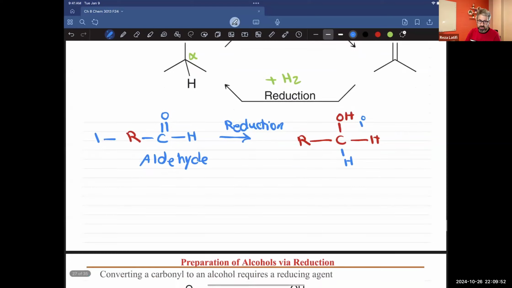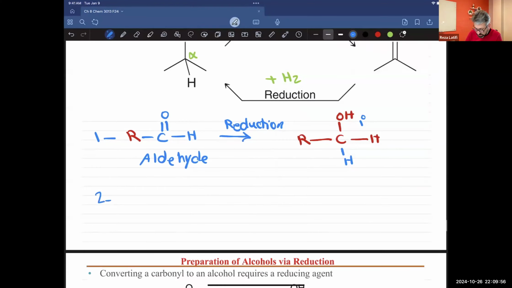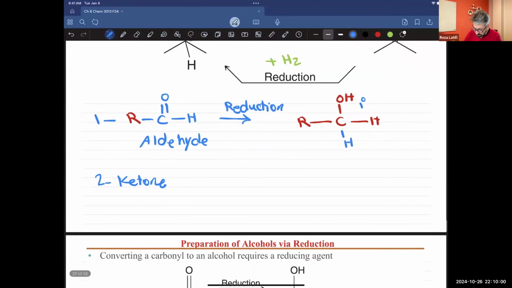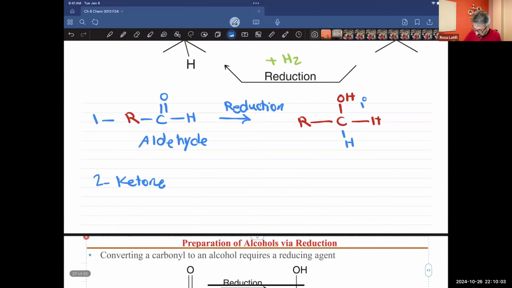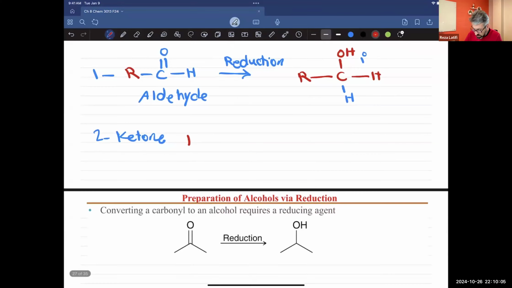Okay, if we reduce aldehyde, but if you reduce a ketone, and say you have R attached to carbon, and there is another R. They can be identical or not. And again, we go through reduction.